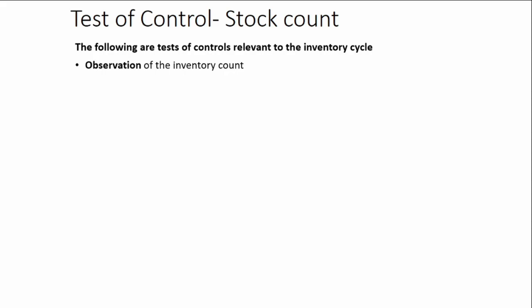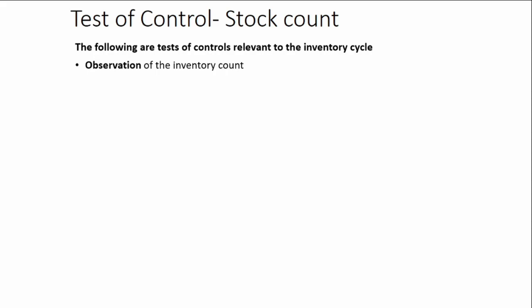We can obviously be there, right? We can observe what's happening in the stock count. Because this is a process and not a document, remember when we're talking about tests of controls, there are two broad types of things that we're talking about. We're either talking about a document, so someone has signed something, someone has counted something, or amended something or done a calculation.